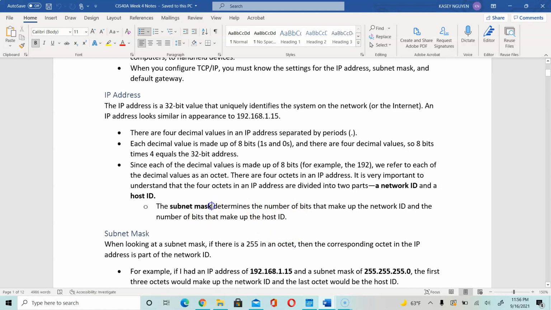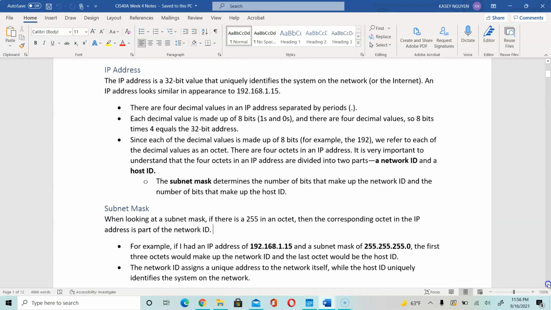It is equivalent to a zip code in a city, allowing the system to identify which part of the network it is using. The subnet mask gives us the network ID and the host ID, and the network ID is normally represented by the 255 values.